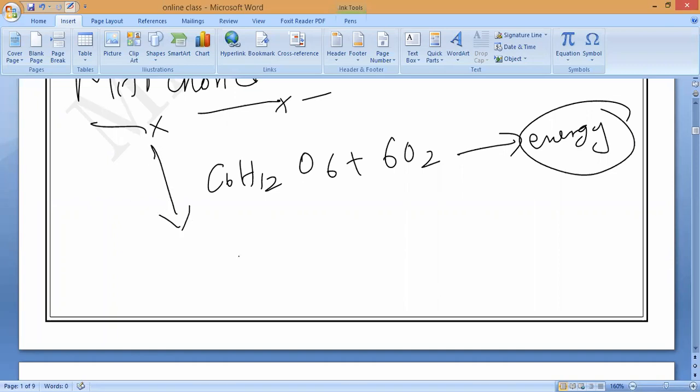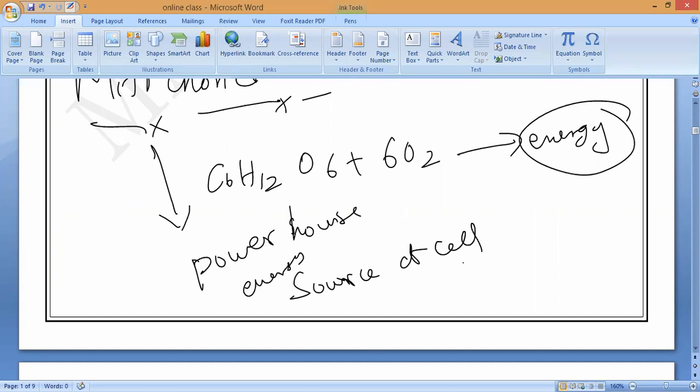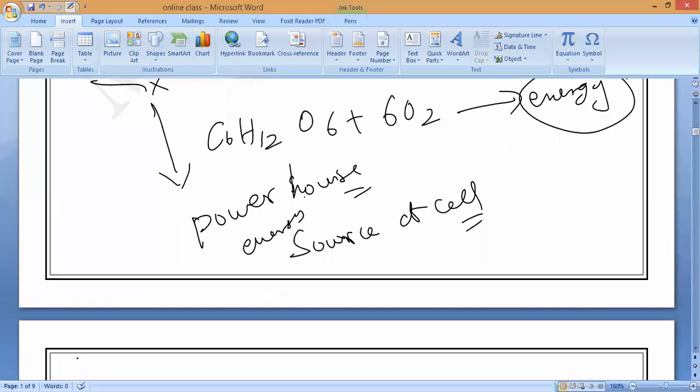That is why we say mitochondria is called the powerhouse, or the energy source of the cell. For whatever activities are required in the cell, they will get the energy from the mitochondria only.